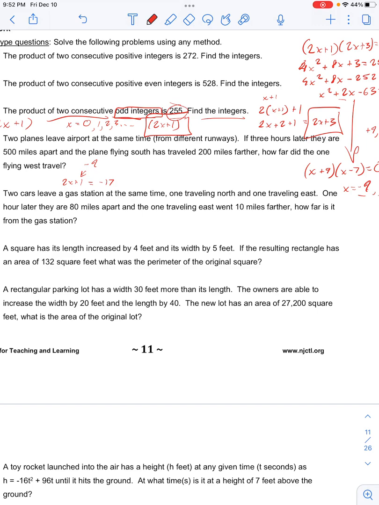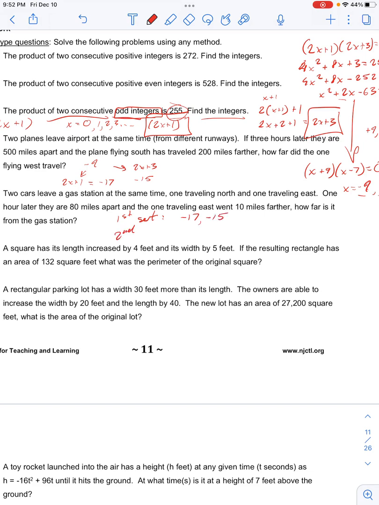And then my second odd number would be 2x plus 3, right? And so this would be 2 times negative 9, which is negative 18, plus 3, which is negative 15. So this negative 17 times negative 15 does indeed give me 255. So my first set of possibilities is negative 17 and negative 15.